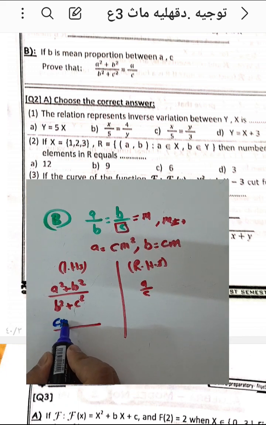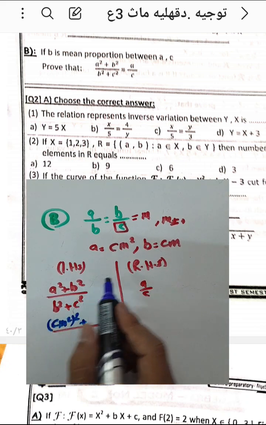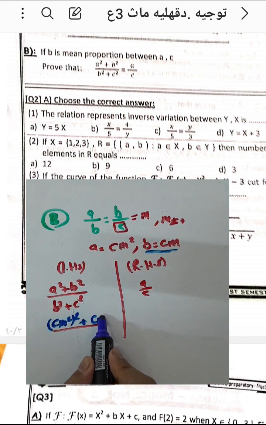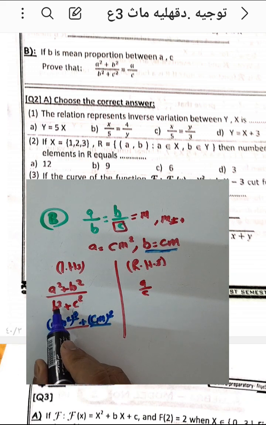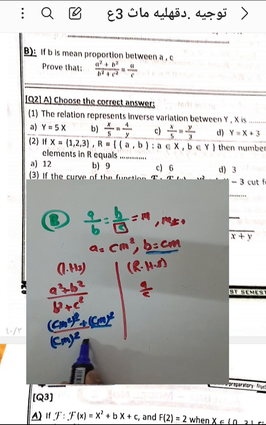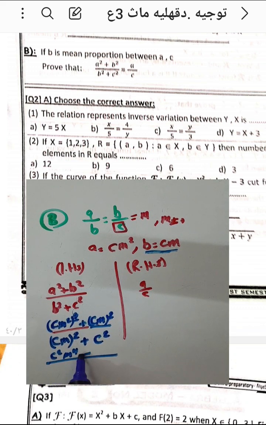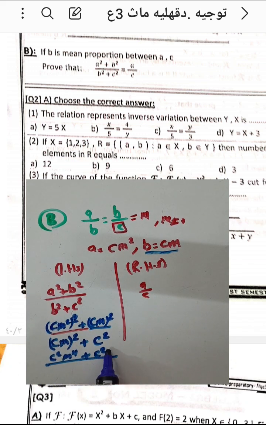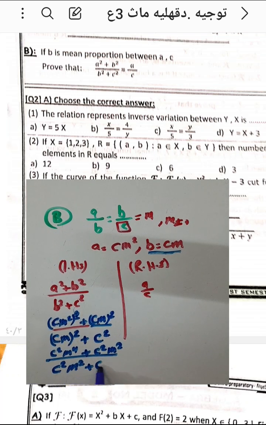C M power 2, all power 2, plus B power 2, B equals Cm, Cm all power 2, plus C M all power 2 plus C power 2 here, and then C power 2 M power 4, and here it will be C power 2 M power 2, and here C power 2 M power 2, and here C power 2.